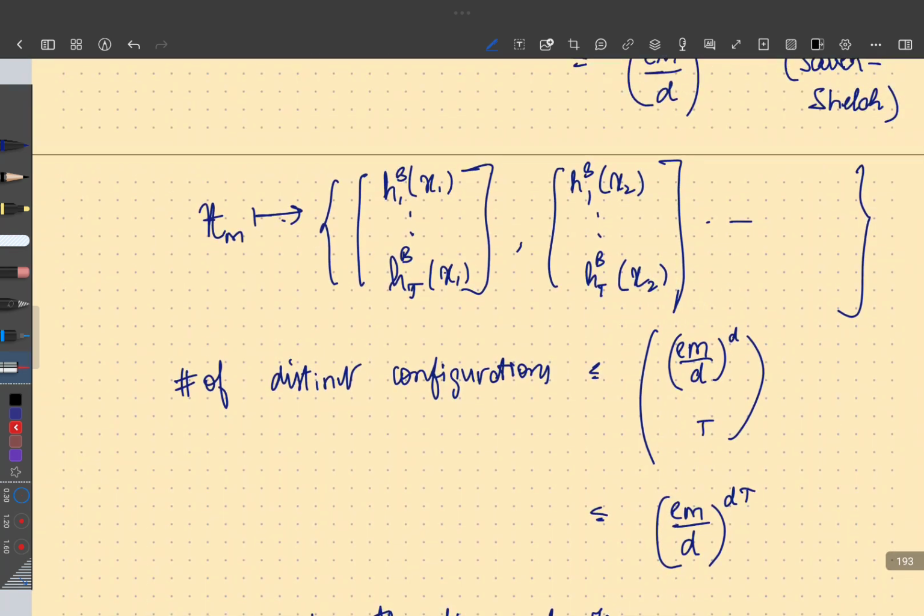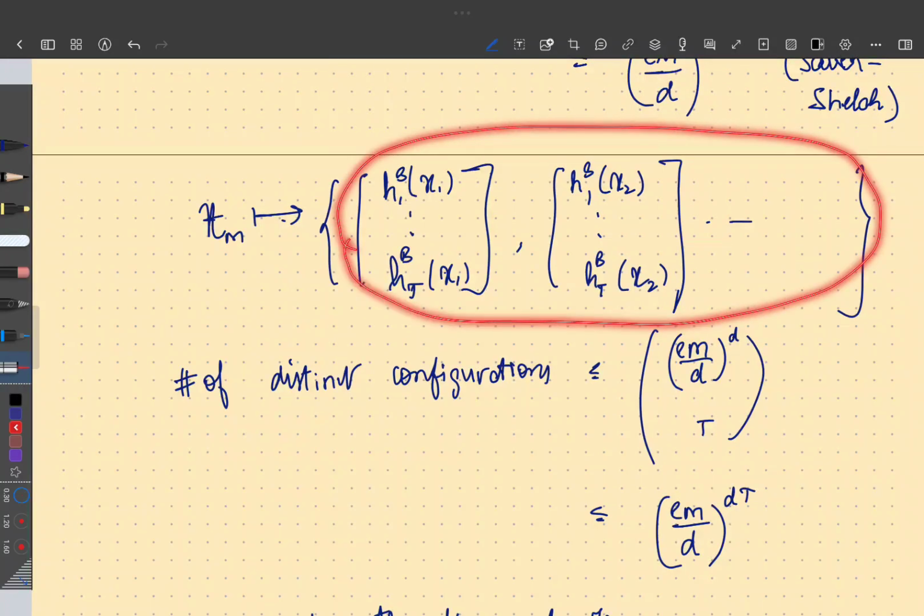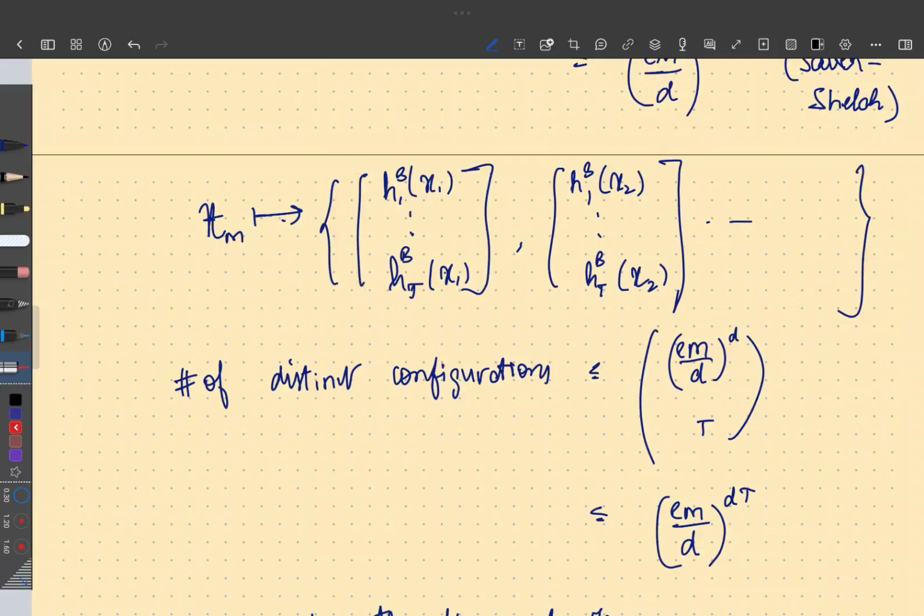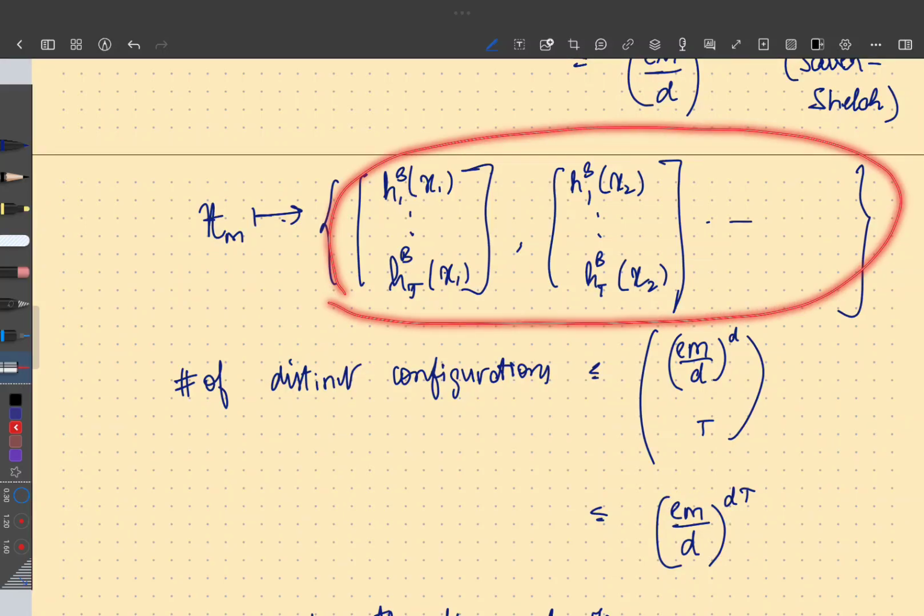So effectively, for each choice of h1 through ht, because I can vary h1 through ht over all possible choices from the base hypothesis class, for a particular h1 through ht, I'm going to get m vectors, each vector having dimension t. So this is some particular xm prime.